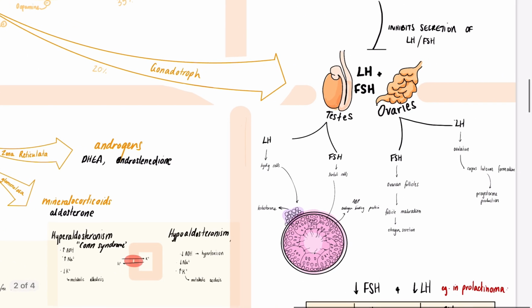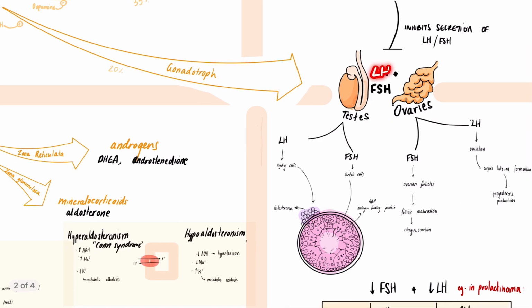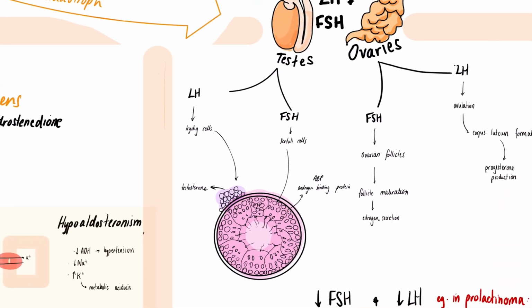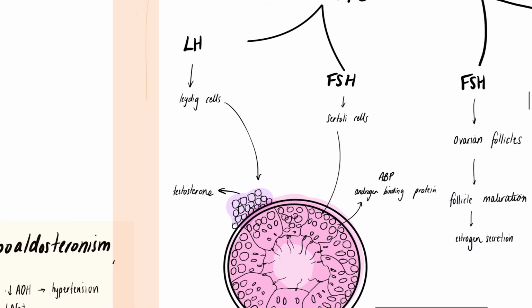Gonadotrophs produce LH and FSH, and these act on our gonads. So in a male, these are our testes, and in the female, our ovaries. LH and FSH have different roles in the male and the female. In the male, luteinizing hormone acts on Leydig cells, which produce testosterone.